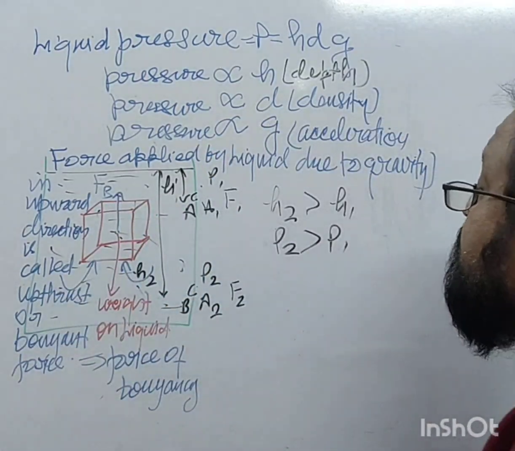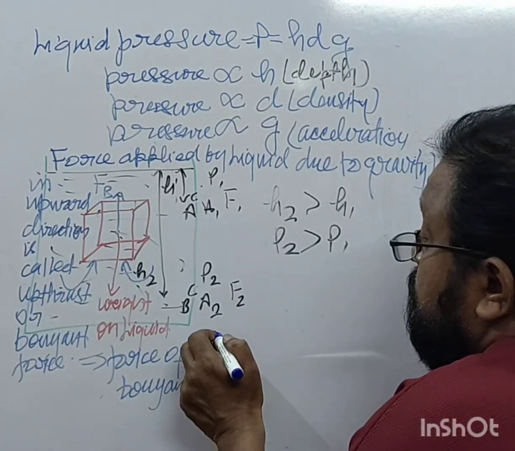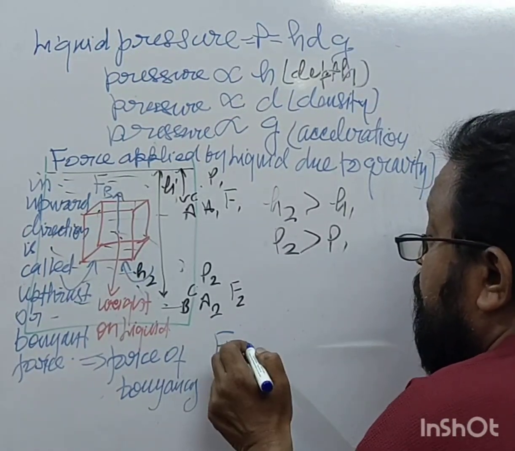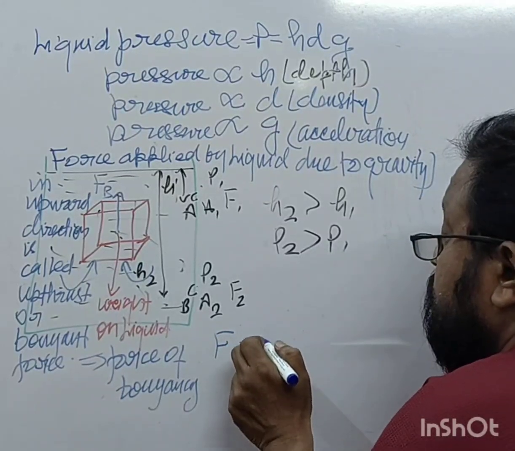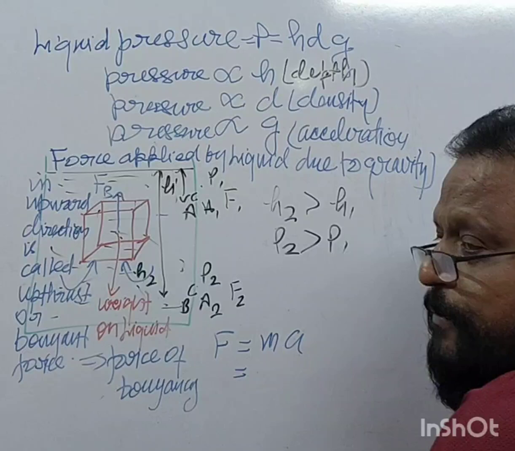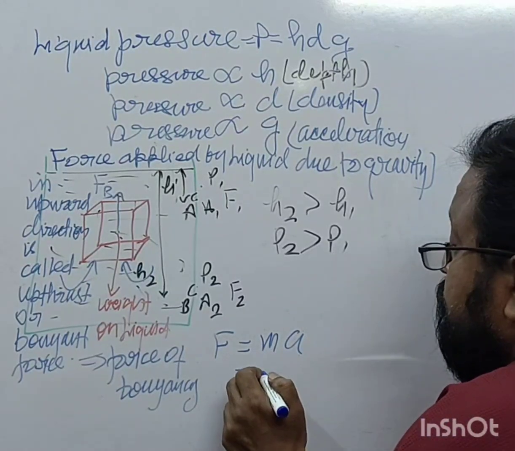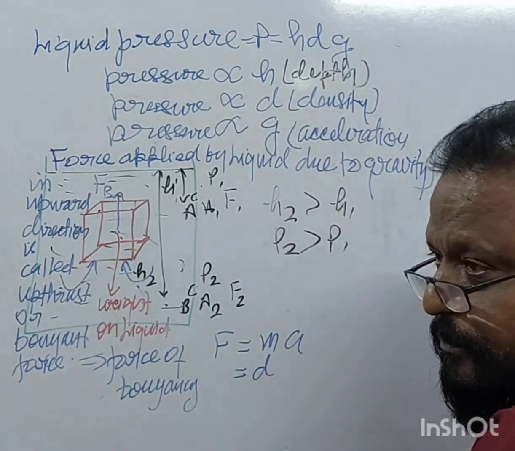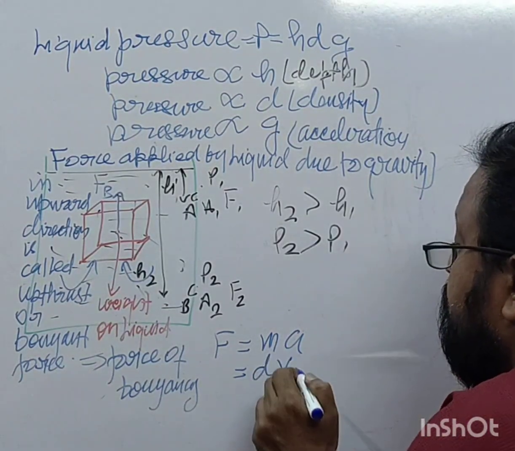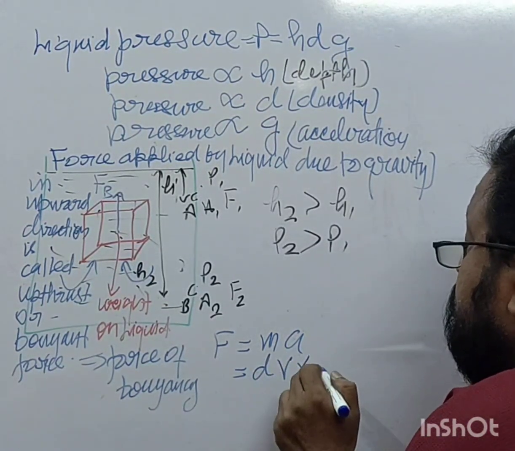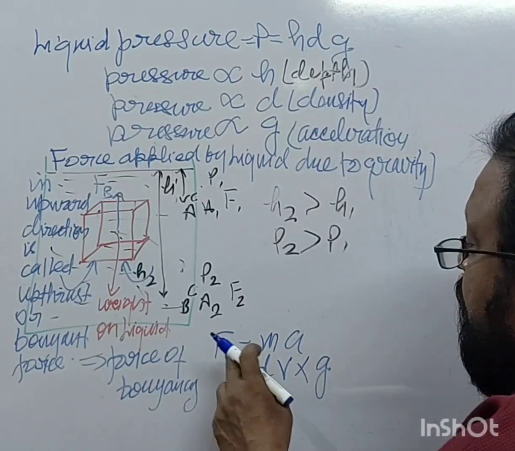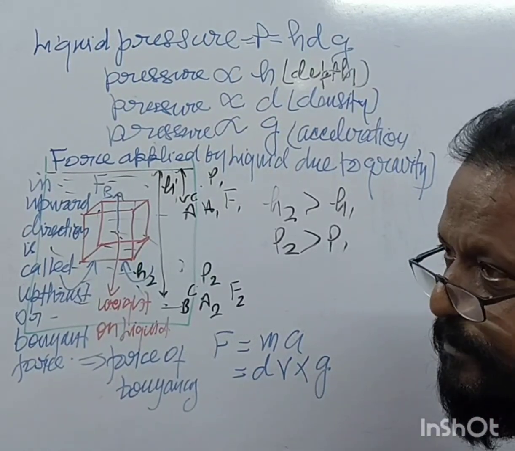So FB is equal to F is equal to ma. So it is d V into g. F is equal to dVg.